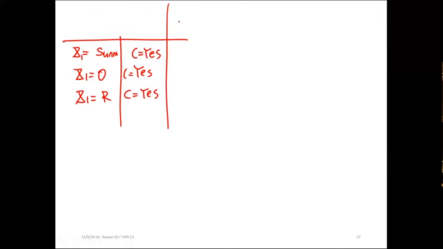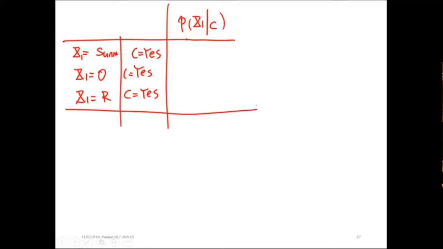And this is the one I need to estimate from data. So let's just use an example. What is sunny given yes? When you look at your table, what is sunny given yes? There are a total of 9 cases in the yes, right?